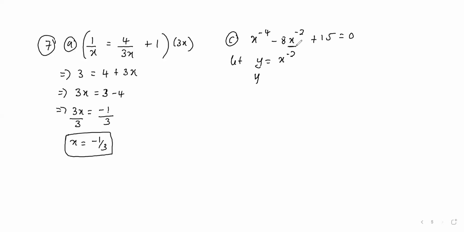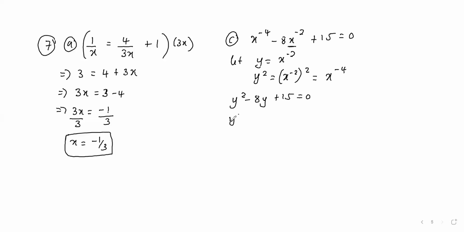So that if you square y, it will be like x to the negative 2 squared, which becomes x to the negative 4. The powers multiply. So it will be negative 2 times 2, which is negative 4. So now we can go back and substitute. So we're going to have y squared minus 8y plus 15 equal to 0.